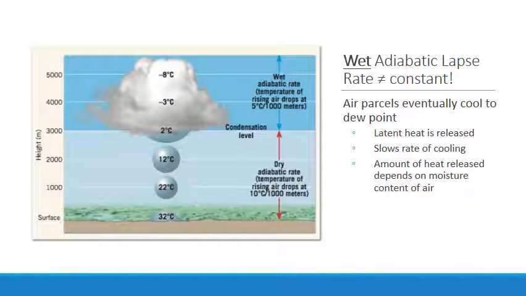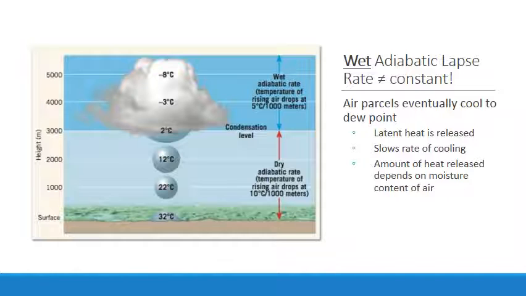So the altitude at which a parcel reaches saturation and cloud formation begins is known as the lifting condensation level. So if that parcel is lifted to this level, condensation will occur. Sometimes we don't even use the word lifting, but we just say condensation level.